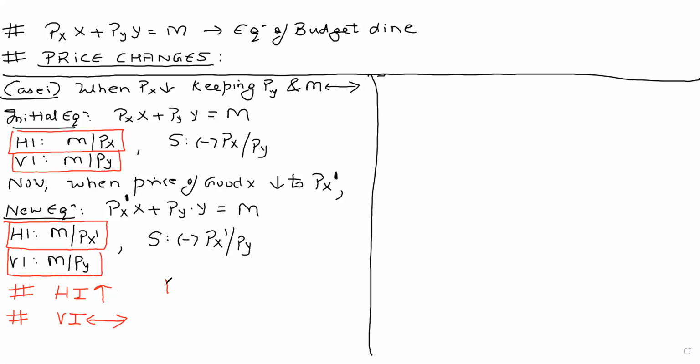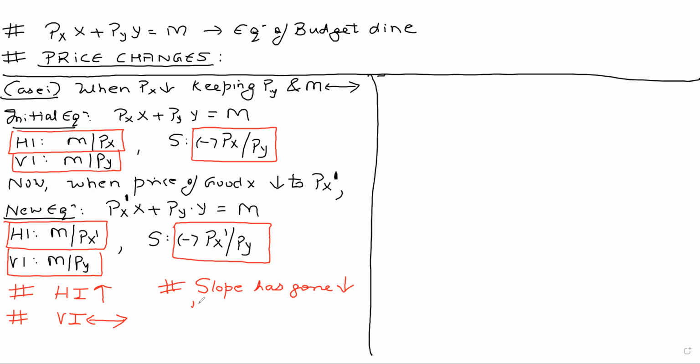Okay, and let's look at the slope, guys. Minus px by py. Now it has become minus px dash by py. That means for the same denominator, numerator has gone down. That means I can say slope has gone down.